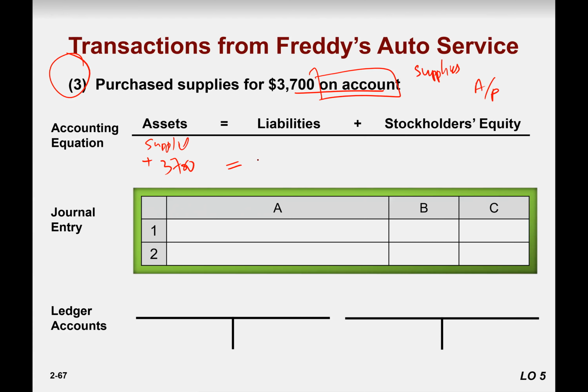And on the other side, increase in accounts payable, which is our liability, 3,700. So now, supplies increase, accounts payable increase. What are the rules? Supplies increase means asset increase means debit. Accounts payable increase means liability increase means credit. So can anyone pronounce the entry?